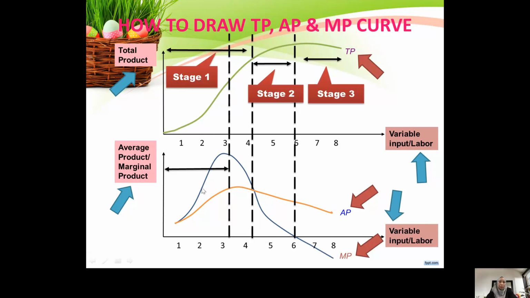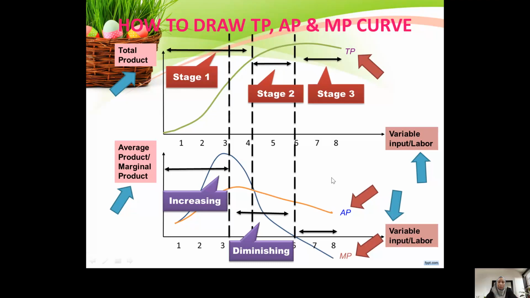This area is increasing returns. In the middle is diminishing returns, which starts from when the marginal product starts to decrease. It reaches the maximum and then starts to decrease until it reaches 0. The last is negative returns, which definitely shows when the marginal product curve is negative.